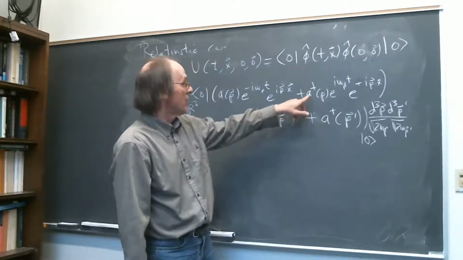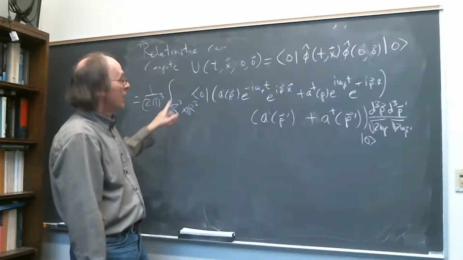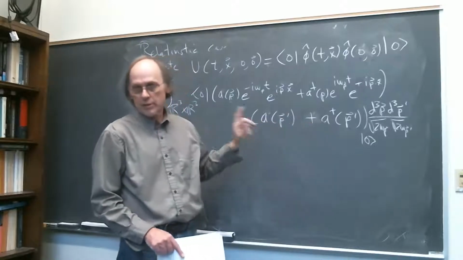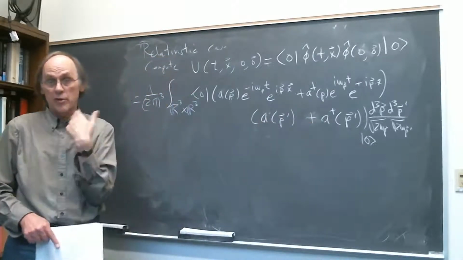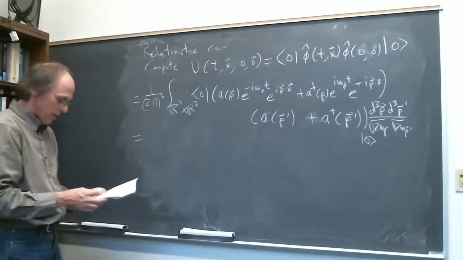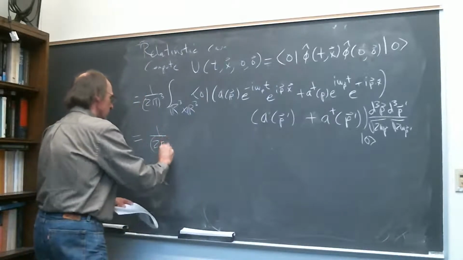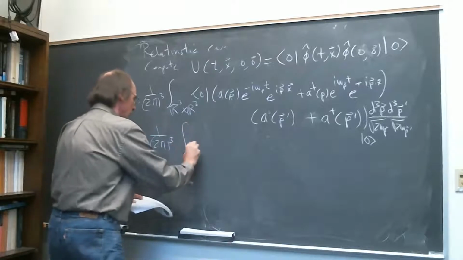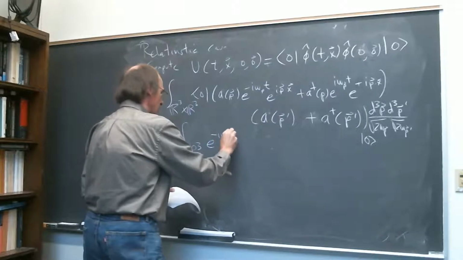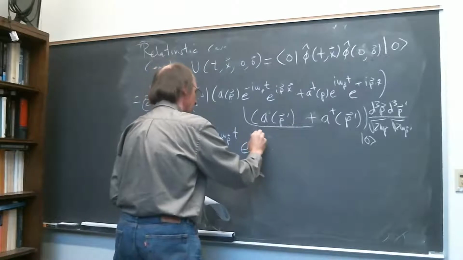So you just have to worry about the term where this acts here and this acts here, and then you can use the commutation relations, which give you a delta function, and so you end up with 1 over 2 pi cubed, integral over R3, e to the minus I omega p t, e to the I p vector dot x vector.